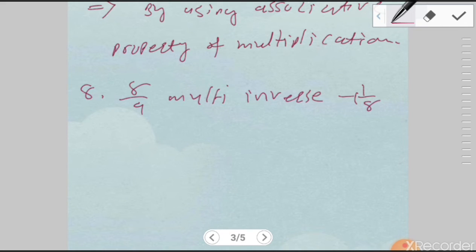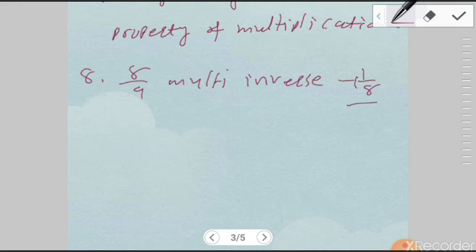In question 8, is minus 8 upon 9 the multiplicative inverse of that number or not? So we'll check the reciprocal of this number. Before going to the reciprocal, we will simplify both numbers. This is a mixed fraction, so if we convert that mixed fraction into a simple fraction, 8 ones are 8 and 1, so minus 9 upon 8.